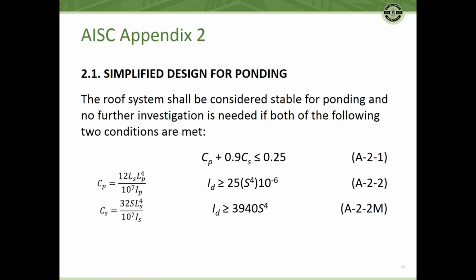I added this little comment that just popped up on the slide that's not on your PDF of the presentation, just to remind you that C sub P is a function of the secondary span and the primary span to the fourth, and the moment of inertia of the primary members. And C sub S is a function of the span of the deck, that's S, and the secondary span of the joists to the fourth, and then the moment of inertia. That's all in the AISC Appendix 2, however.